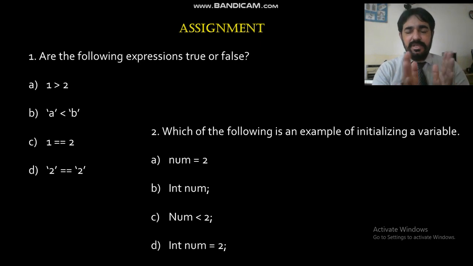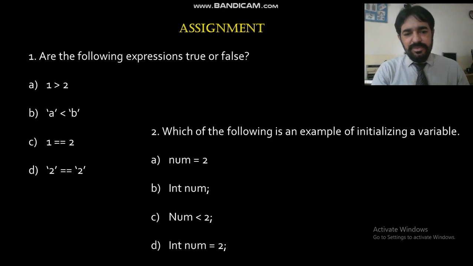I have told you how we represent our data in C language, because C is a case sensitive language. Capital A has its own meaning, small a has its own meaning. So whatever kind of expression you are using, these have their own meanings.